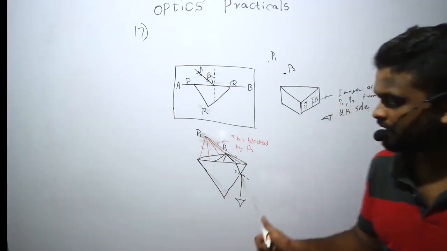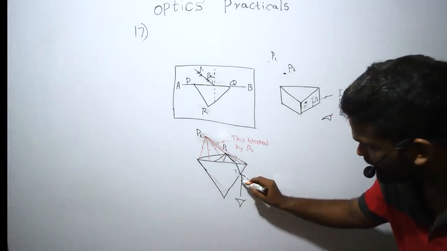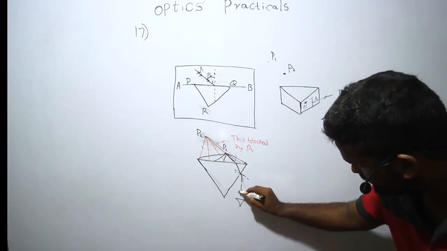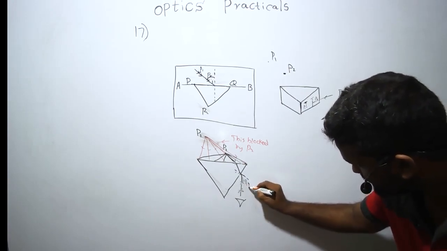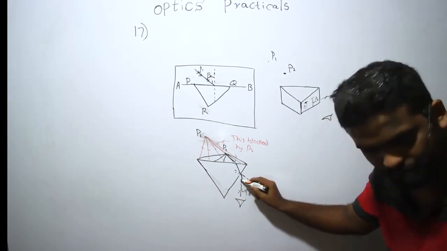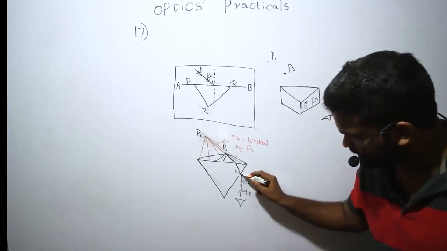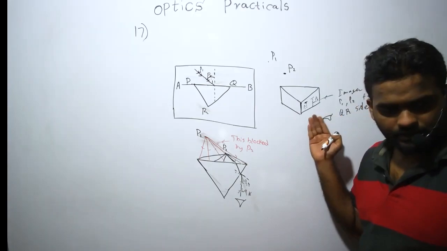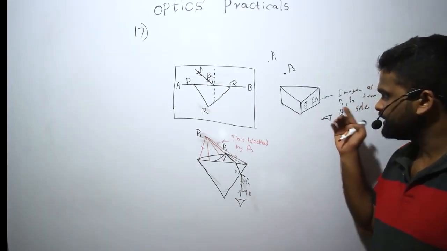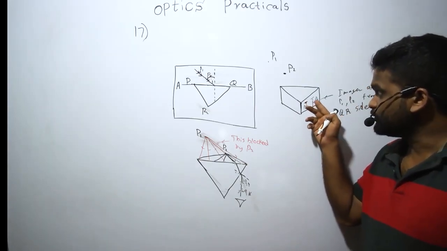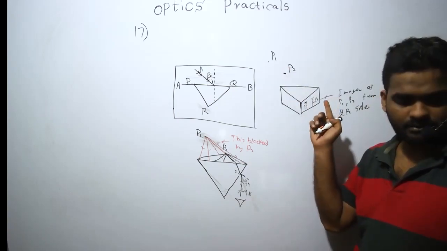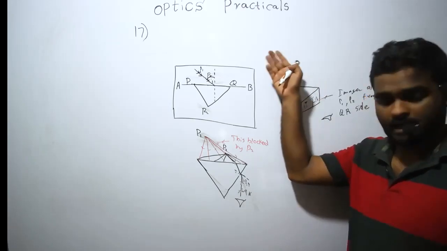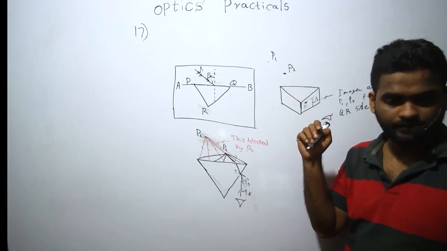Right. Then, once you identify that line, you place other optical pins, let's say P3 and P4. You place these two optical pins, right? So you keep moving the eye till you see only one pin, only one image, because the other pin is covered by P2.